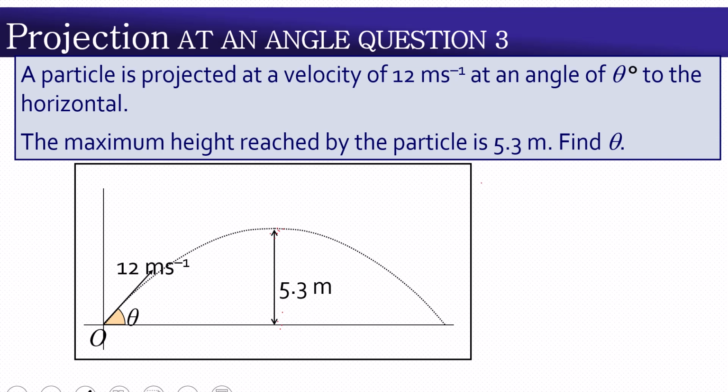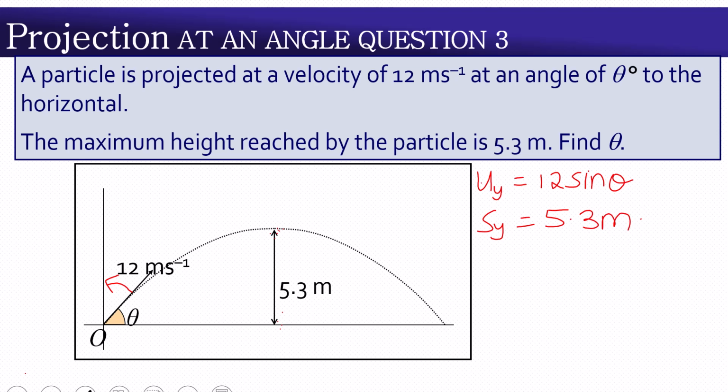Let me summarize it here in this case. I know that my u in the y will be 12 sine of theta. We are resolving this u to the vertical. And I know that my displacement in the y in this case is 5.3 meters.